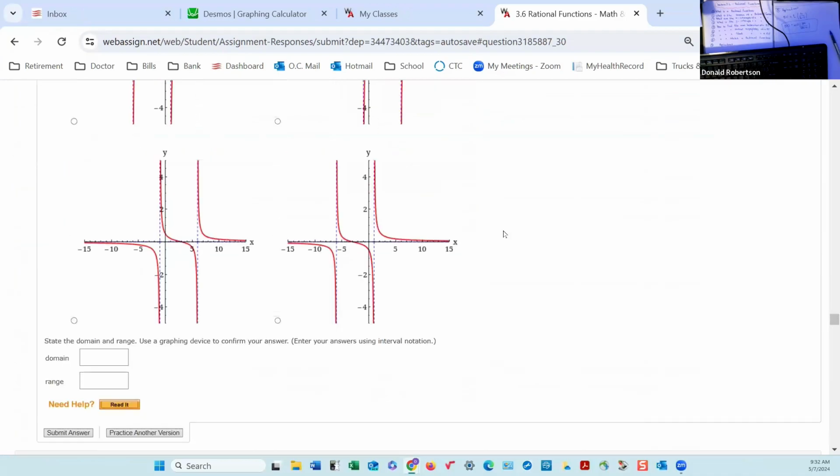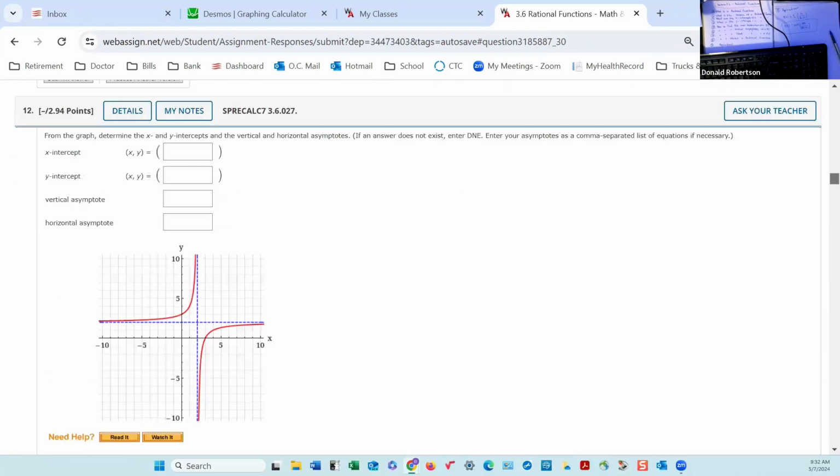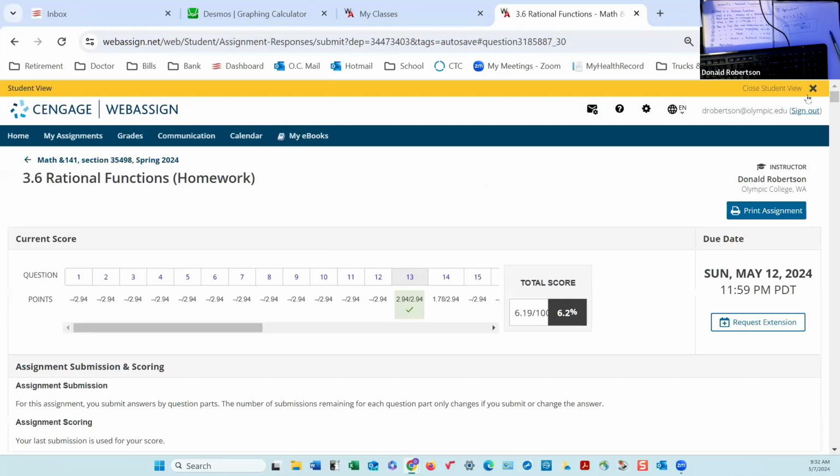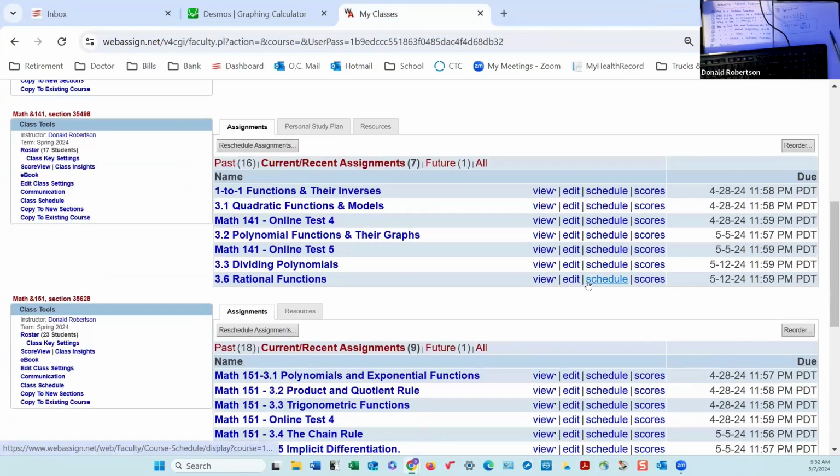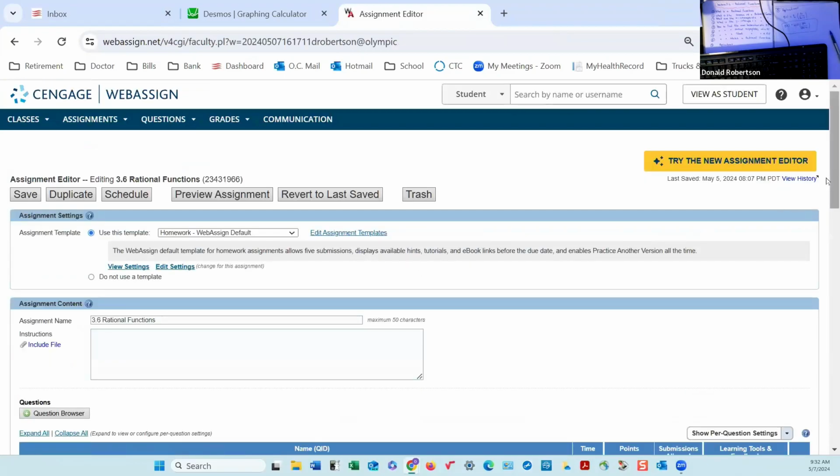Well, I'm sure you've had this issue with WebAssign where you're 90% sure that you're right. So I can do a little cheat. I can go in and just do edit, and I'm going to find out what it thinks the answer to that question is.